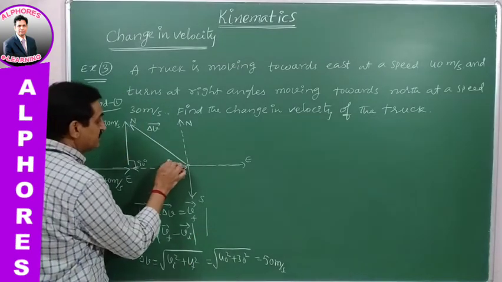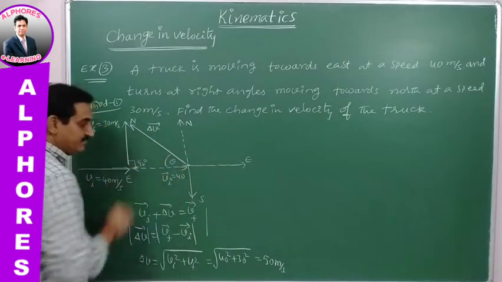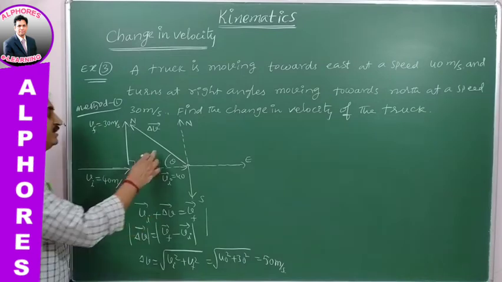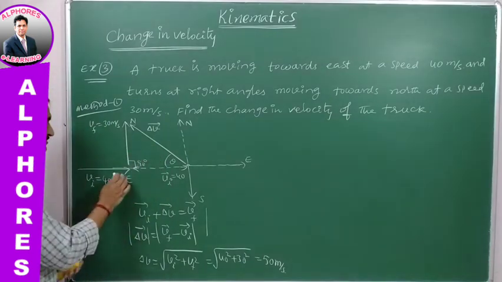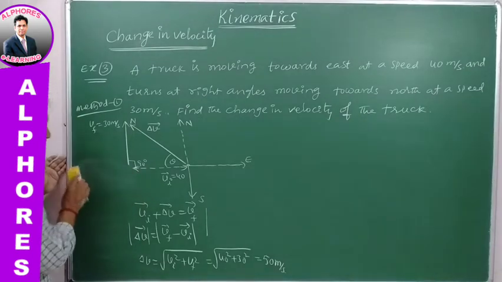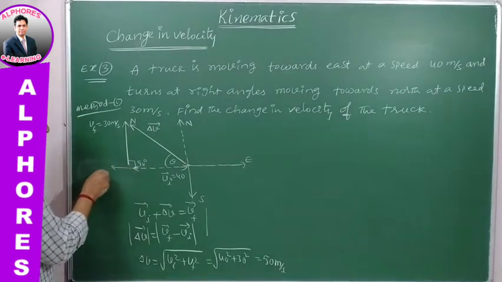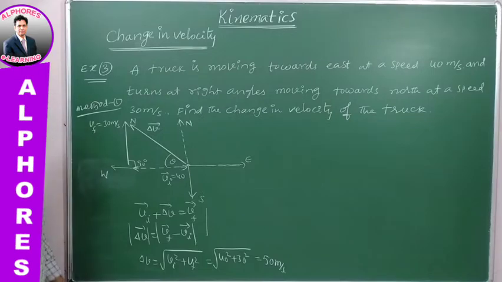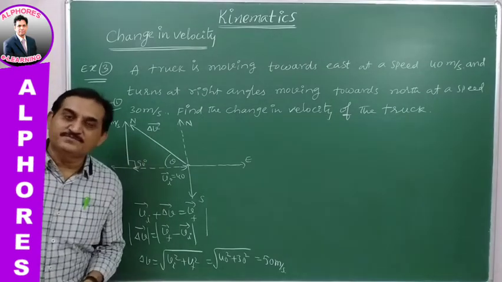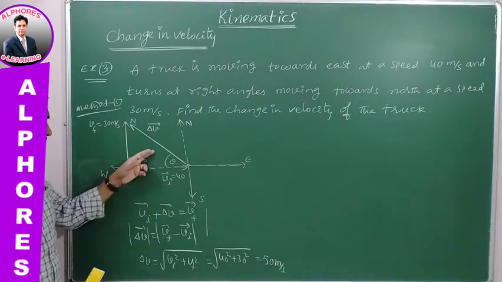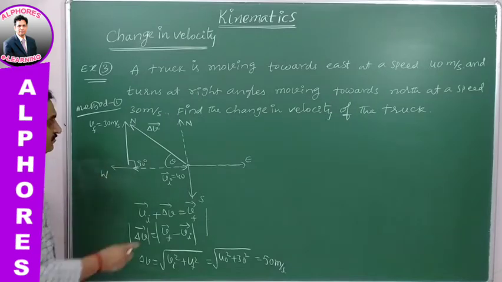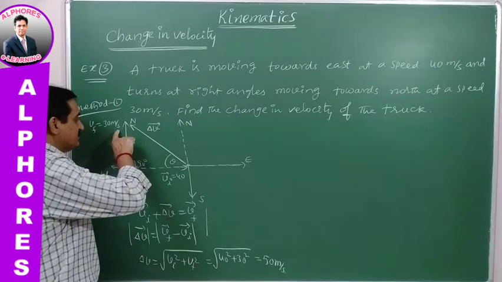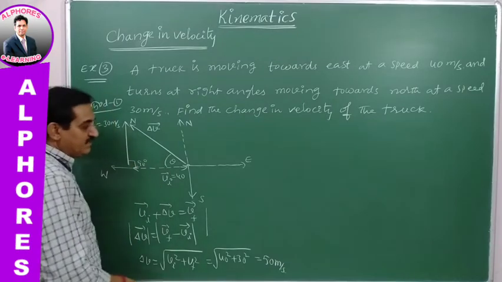Suppose you consider this angle theta. So the angle made by the change in velocity with the west direction. This is towards west. If change in velocity is making an angle theta with west direction, from this right angle triangle opposite is 30, adjacent is 40.